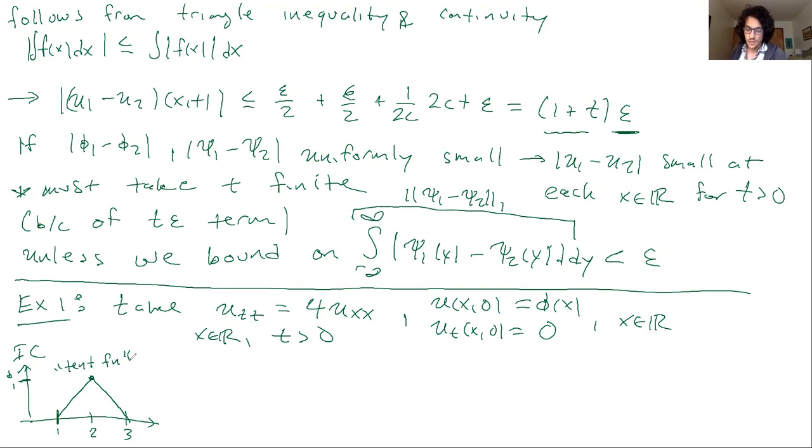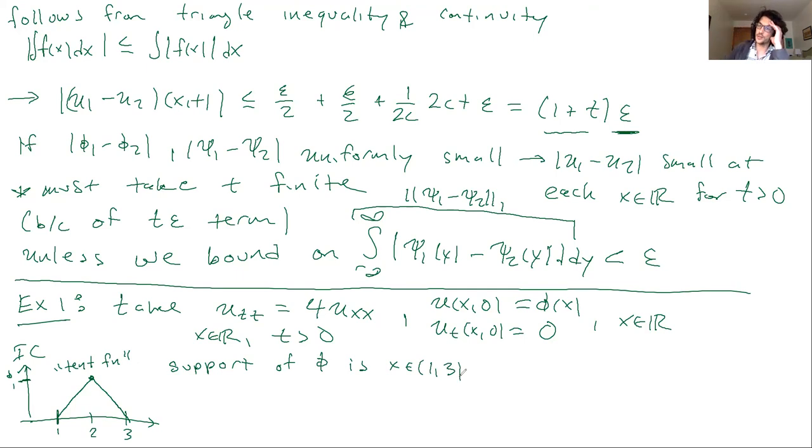Okay, so the idea then is that the support of phi is just that open interval from 1 to 3.